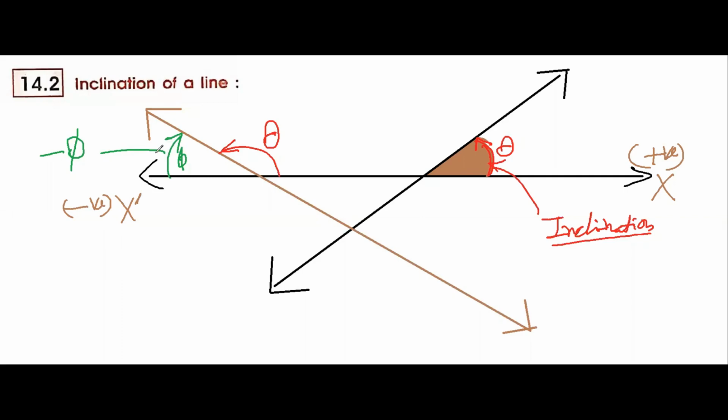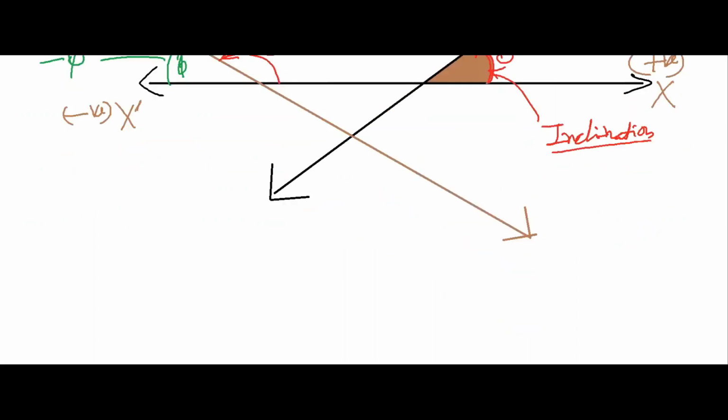That is the first difference. The second difference is that whenever you measure the angle from the positive direction of the x-axis, that is the anti-clockwise direction, whereas whenever you measure from the negative direction, that is x dash, that direction is clockwise.